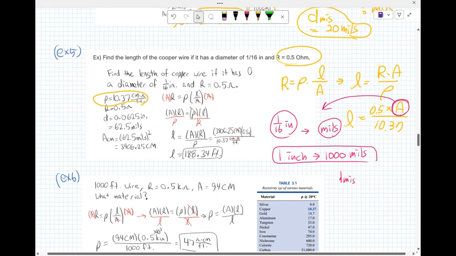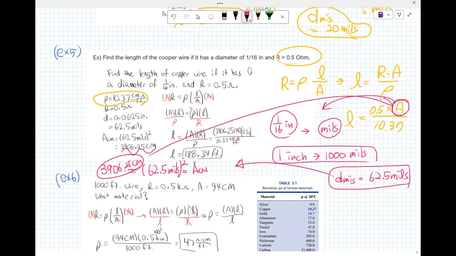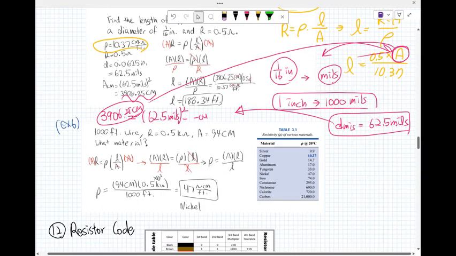The diameter in mils is 62.5 mils, and that was for the A sub CM. 62.5 mils squared, okay? Finally, 3906.25 circular mils, like this one. So finally, L is 188.34 feet, okay?